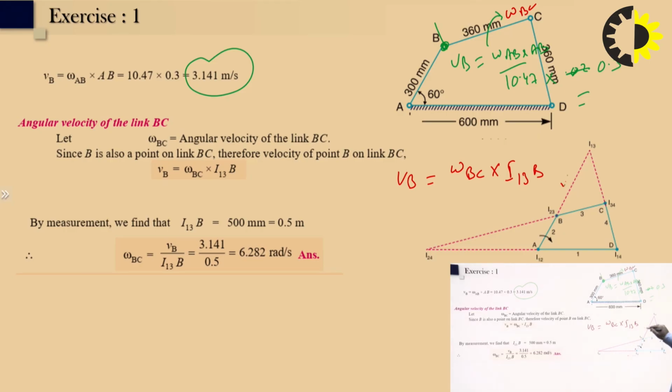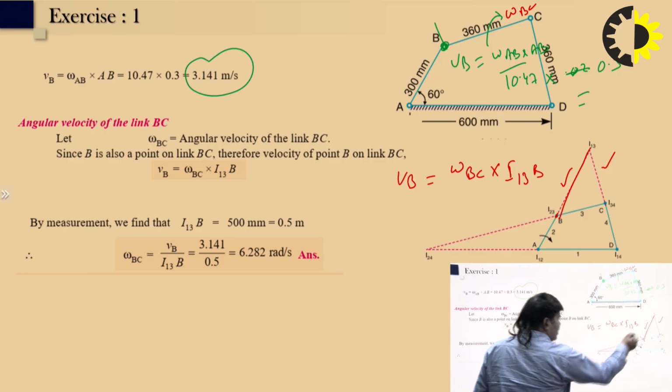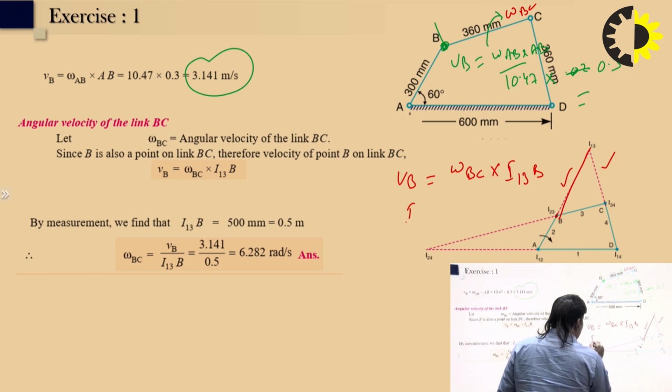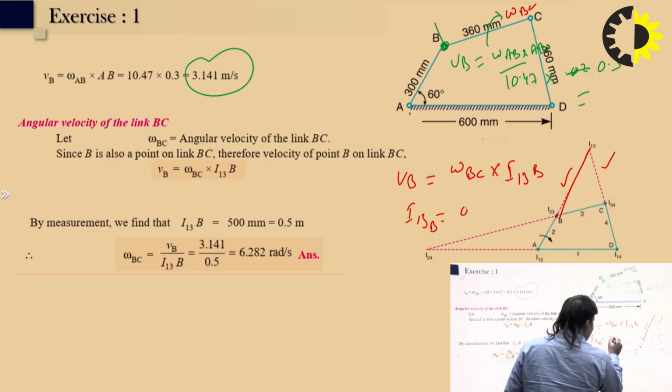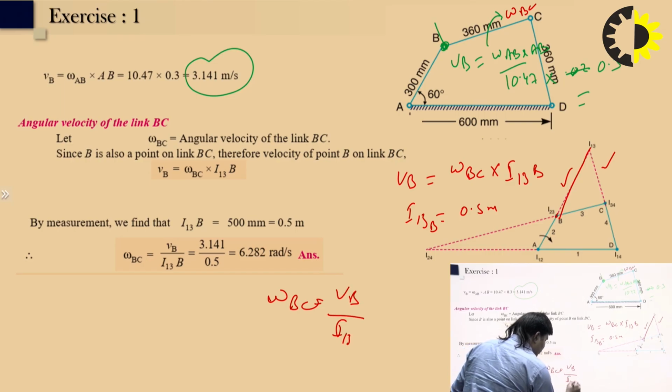So we can measure this distance. By measurement, I13B comes out to approximately 0.5 meter, and we know that omega BC equals velocity of B upon I13B, right?